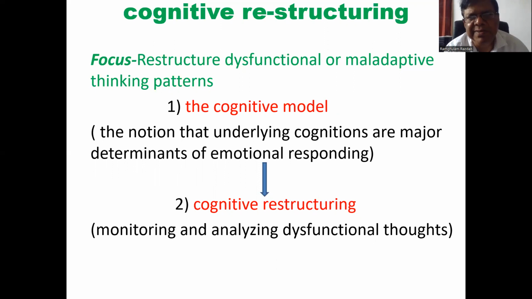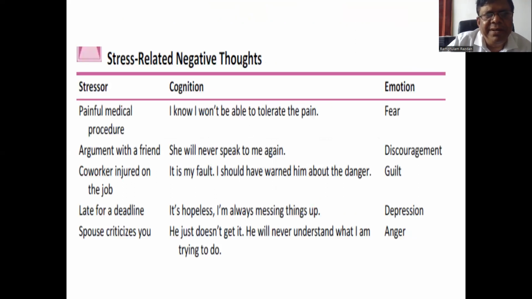Then comes cognitive restructuring. The focus is to address the dysfunction of maladaptive thinking. The cognitive model holds that underlying cognitions are major determinants of emotional reactions. Isolated negative thoughts: a stressor leads to certain negative thoughts.